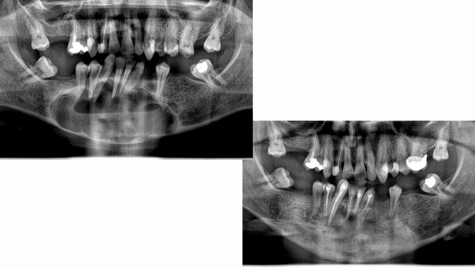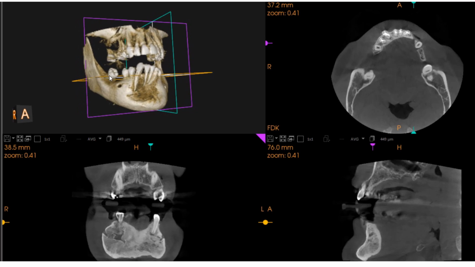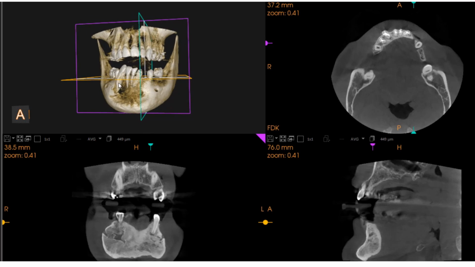I wanted to see if this was a full recovery of the mandible or not. So I took a CBCT, and I saw that healing happened, but there was some kind of crater that stayed in the mandible.